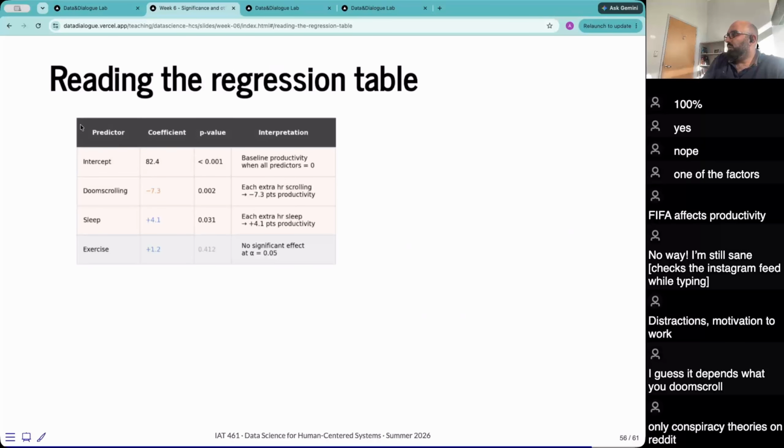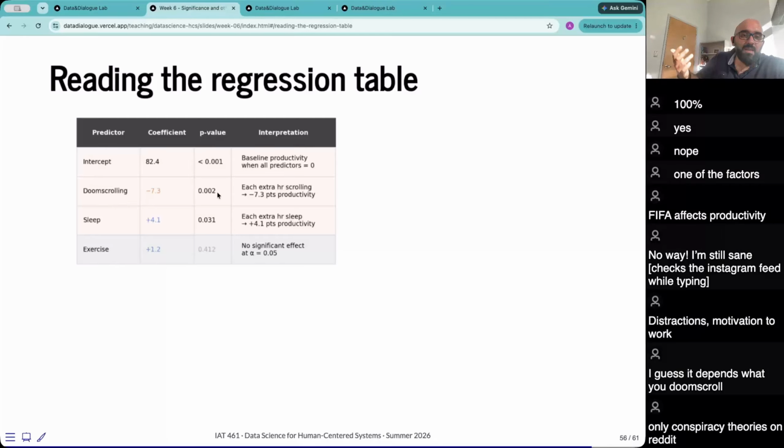Okay, so you might see a table for these. The intercept is the baseline productivity. For doom scrolling, the coefficient says each extra hour scrolling is minus 7.3 points in productivity. And the p-value says, I don't think this coefficient is due to chance.